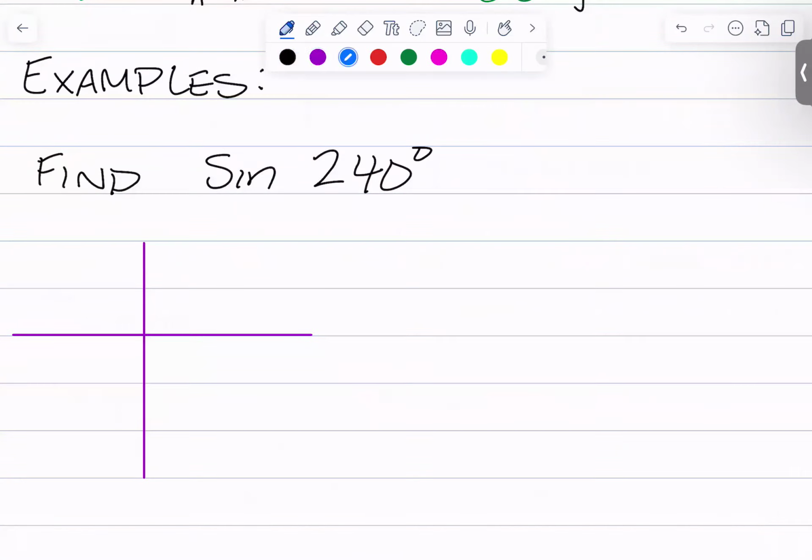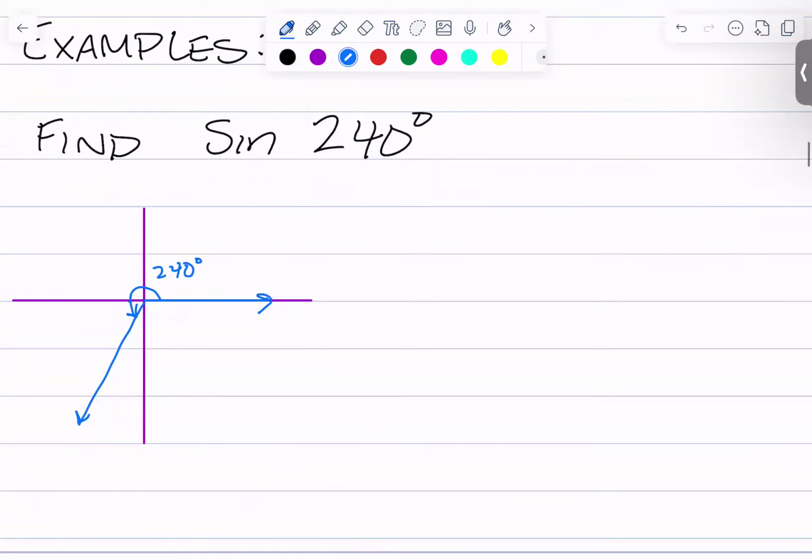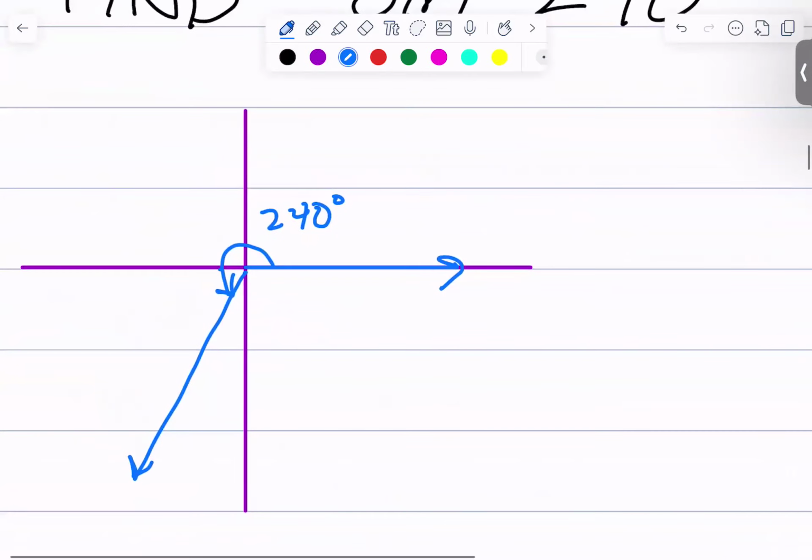In standard position, 240 would be with my positive x-axis to start. And then since it's positive, I'm going counterclockwise. That's 180. So it would be here like that, right? That would be 240 degrees. Okay? And that's how we would draw out 240 degrees.